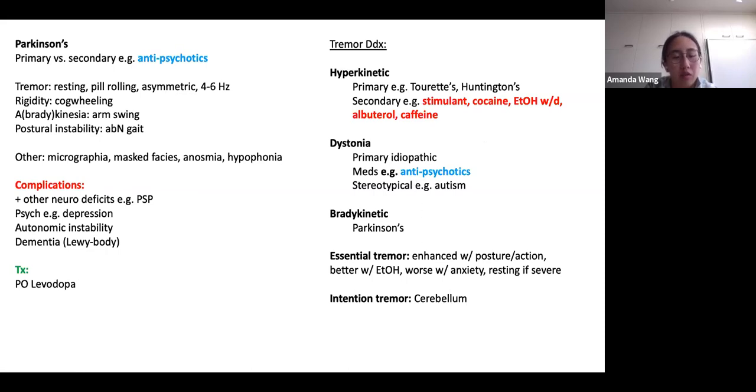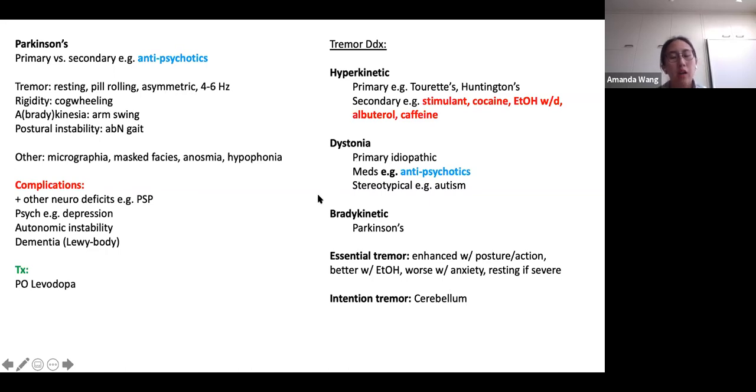Tremor most typically presents with the Parkinson's, but like we said, you can get the micrographia, the facial masking, the anosmia, and the hypophonia. And then you look at Parkinson's plus, right? So if you've got neurodeficits, you're thinking about things like PSP, and then you can think about dementia, Lewy body. And then the treatment is levodopa, carbidopa, or cinnamon.